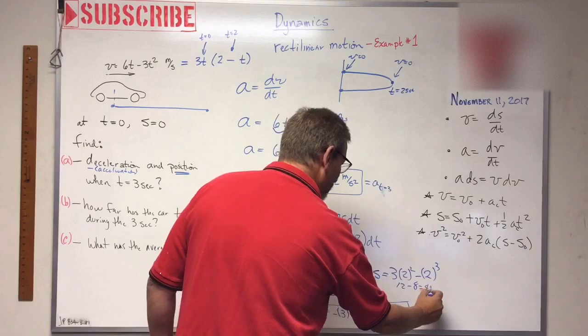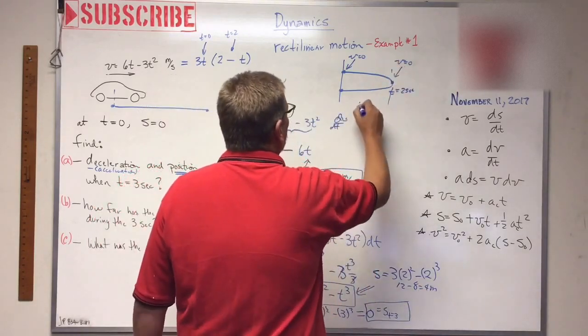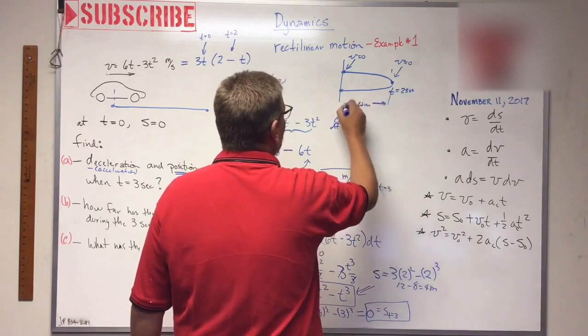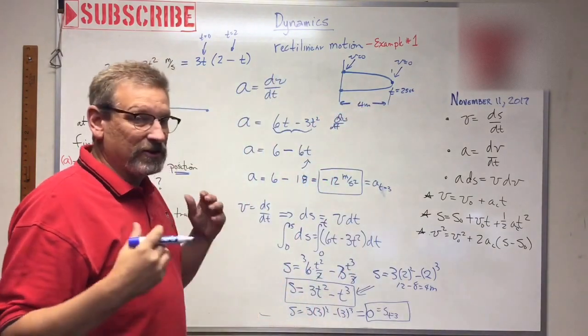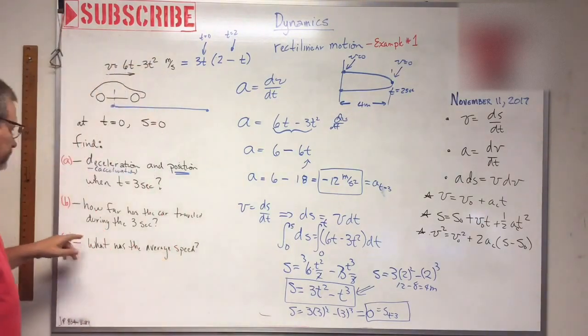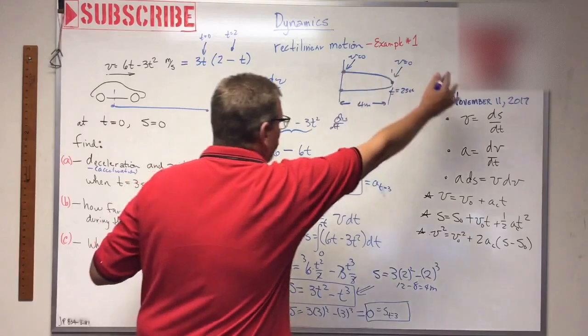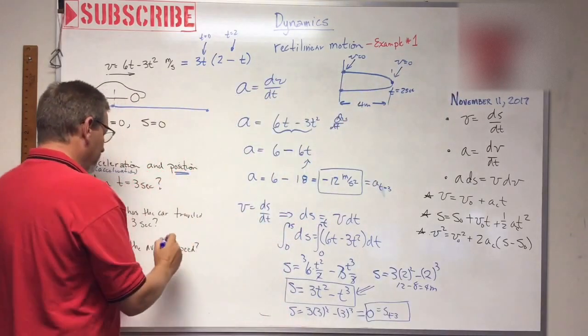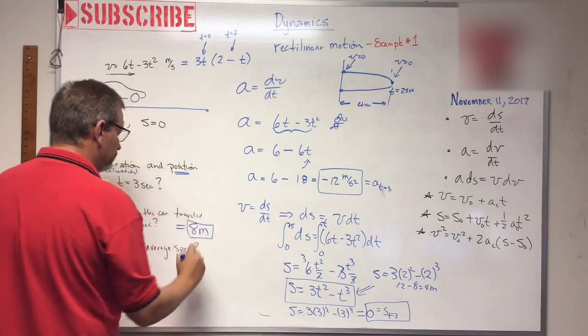So that's 4 meters at 2 seconds. So that says that thing moved out there 4 meters, right? And then it moved back 4 meters. So the total amount of travel during the whole 3 seconds was how much? 4 and 4, right? The total amount traveled, 8 meters.